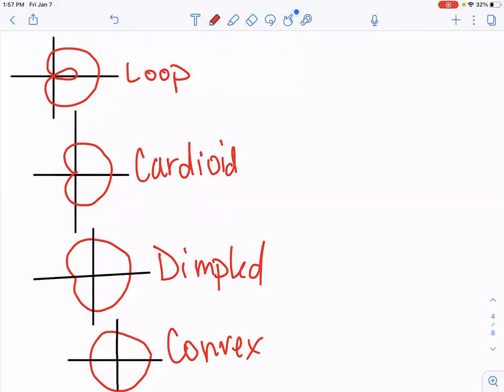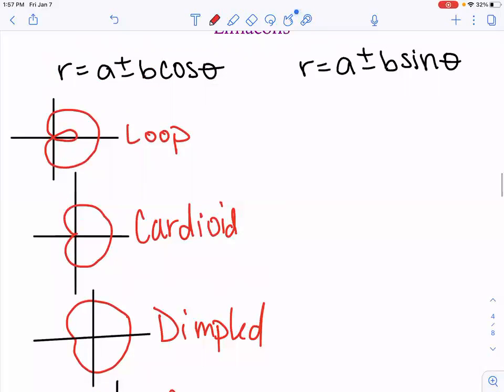When do we get a loop? Okay, better question for yesterday's activity. What causes us to have the different shapes? What do we need to look at in our equations? Yes.